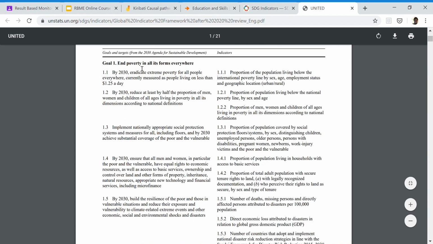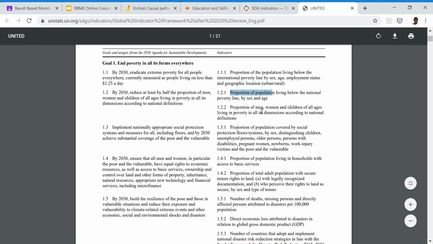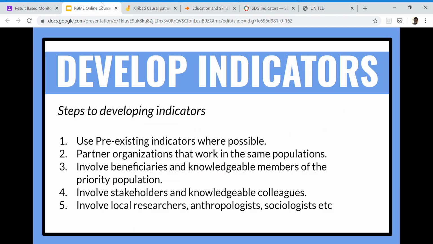Each goal has its own, like 1.1, ending poverty in all its various forms. You can see some of the indicators, such as proportion of population covered by social protection floor systems, proportion of population living below the poverty line. These are national indicators. If you are an NGO, yours might not necessarily be this, but it gives you an insight into developing your own indicators. So you can use pre-existing indicators where possible.